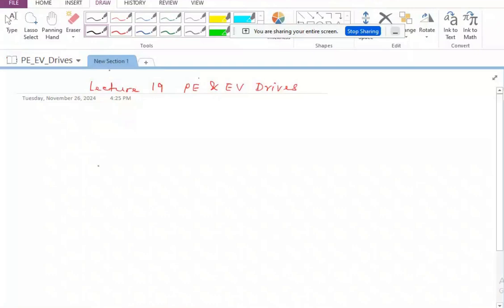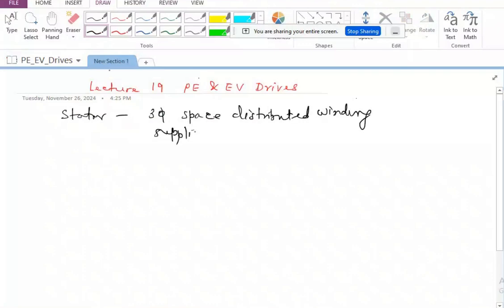As I mentioned in the last class, the induction motor drive as well as the synchronous motor drive, both of them have the same kind of stator structure. So you are going to have, basically in the stator, three-phase space distributed winding, and it is going to be supplied with three-phase time distributed currents.